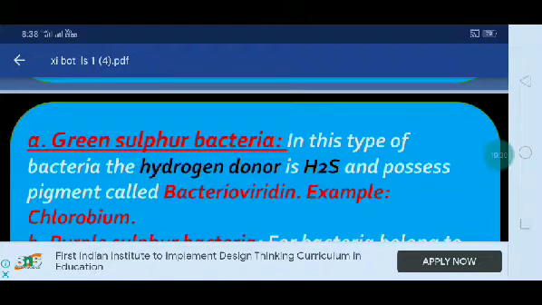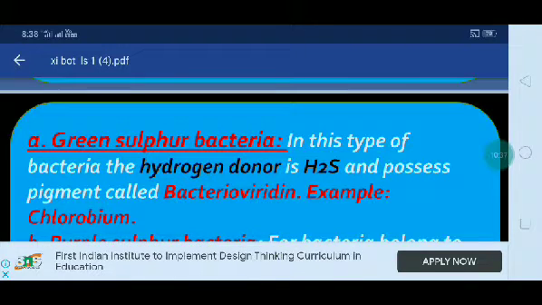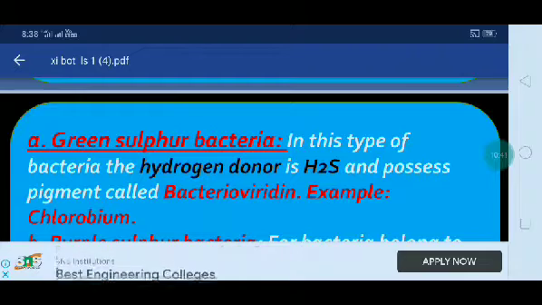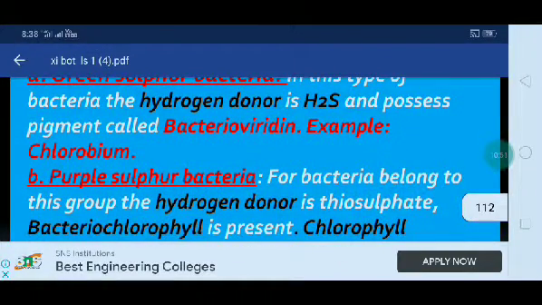Depending upon the hydrogen donor, the first type is green sulfur bacteria. In this type of bacteria, the hydrogen donor is H2S and they possess a pigment called bacterioviridin. Example, Chlorobium.